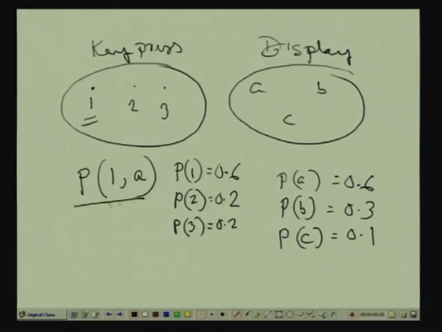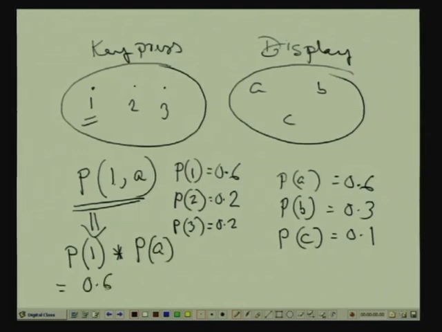Then the joint probability that 1 will be pressed and A will appear will be probability of 1 multiplied by probability of A occurring, that will be equal to 0.6 times 0.6 equal to 0.36.